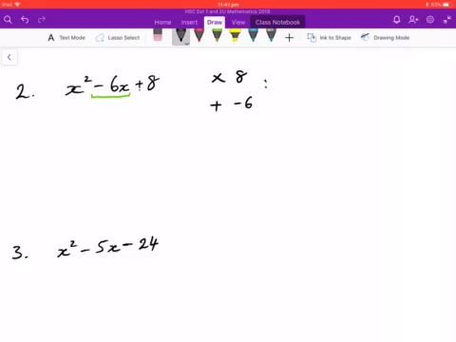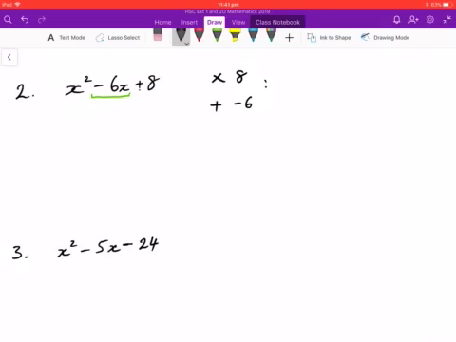Now, something to think about is that if my sum is negative, a negative number must be involved, one way or the other, when I add two things together. But if my product is positive, the only way that a negative can be involved and we get back to a positive is if it's a negative times a negative. So we're looking for two negative values. There's a clue in that.